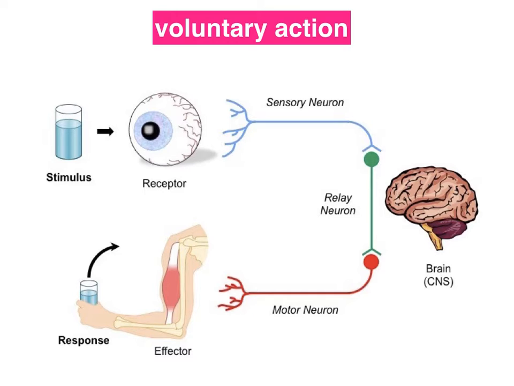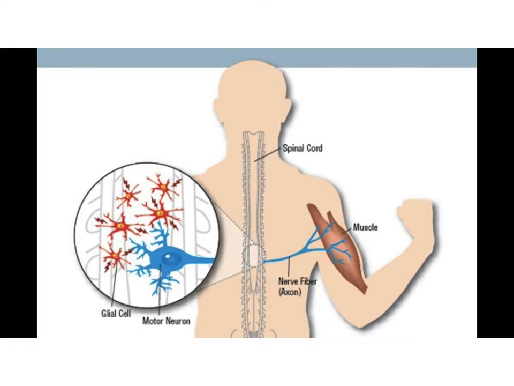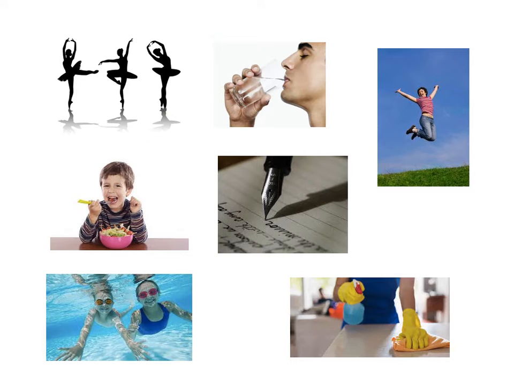This is a voluntary action. Here we see very well how the spinal cord is connected to the muscles in your arm. So this is the idea. The idea is that your brain sends the message that travels through the spinal cord and it goes to your muscles. Here we have examples of voluntary actions.